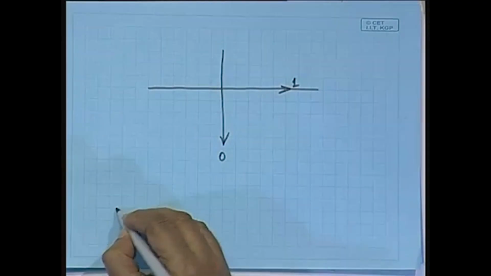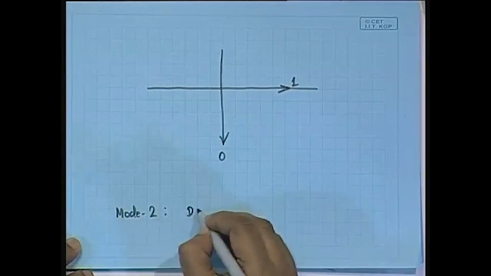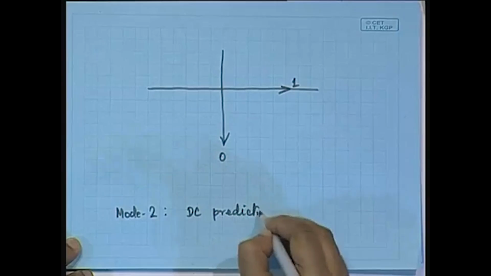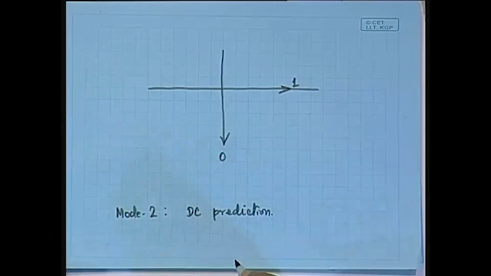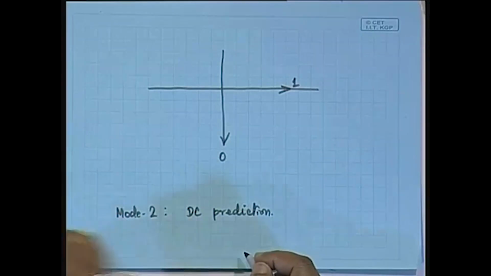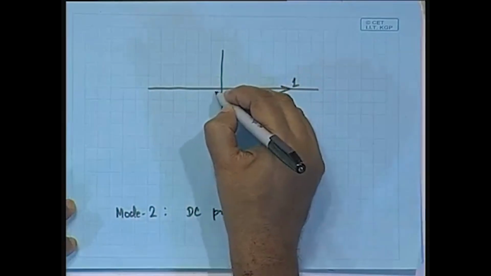Mode 2 is what is known as the DC prediction. DC prediction means that the average intensity value is used to predict the block. So, it is not a directional prediction.